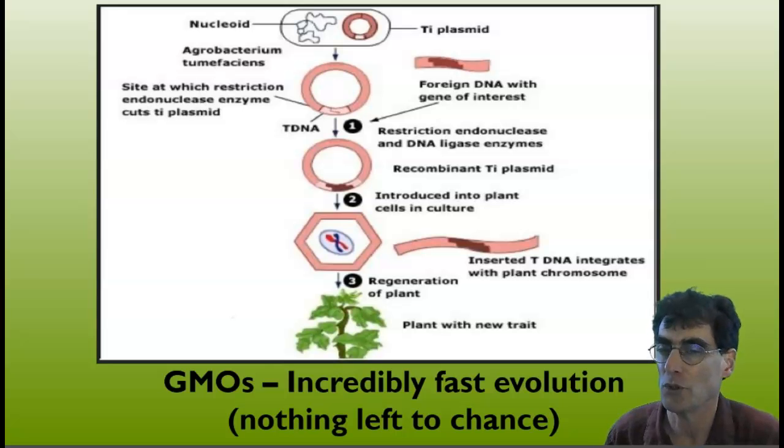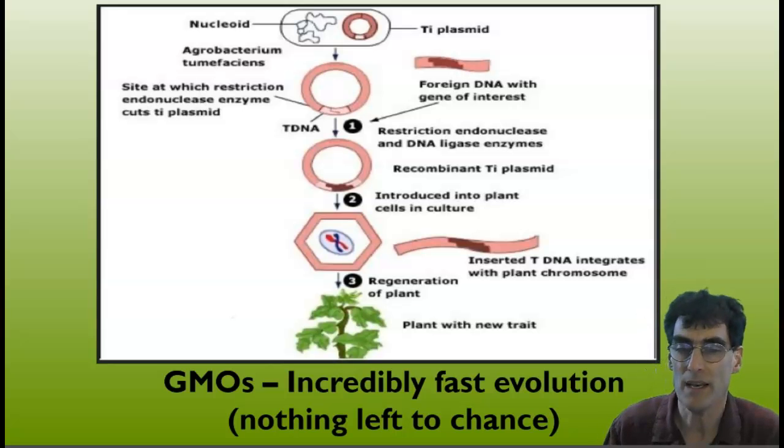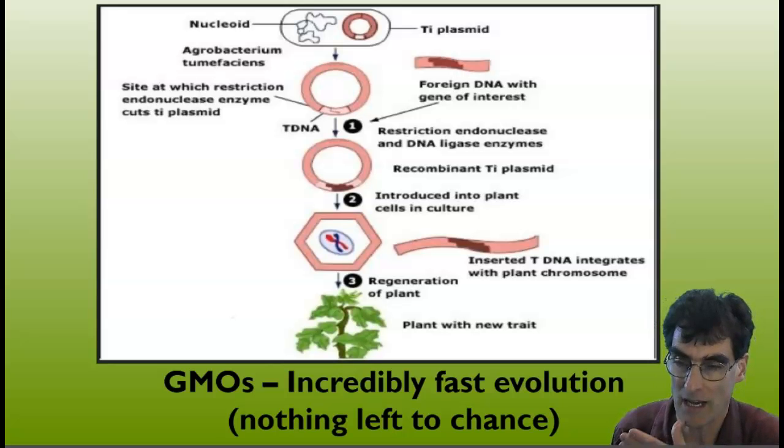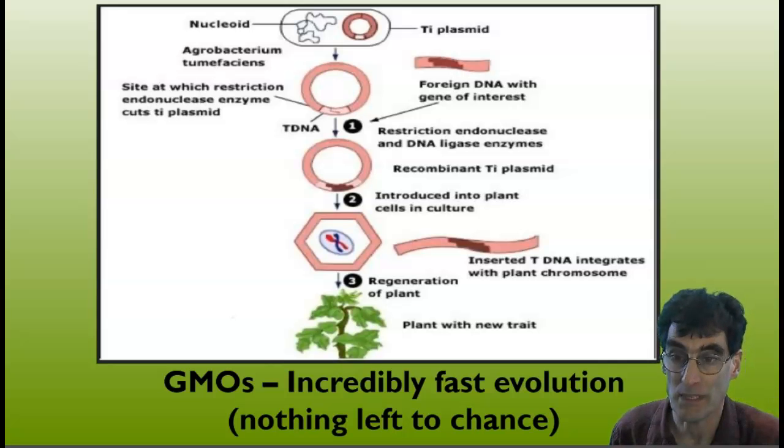For example, they've taken an enzyme or chemical from a fish that keeps its blood from freezing, and they've put it into a tomato plant so that the tomato has that same chemical that stops it from freezing. There's no way that fish gene is ever going to make it into that tomato genome unless we do that.